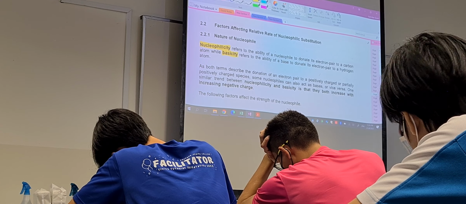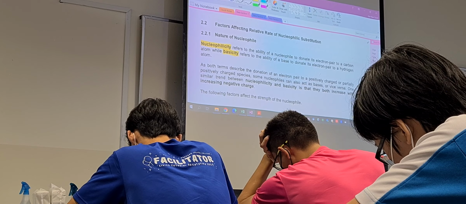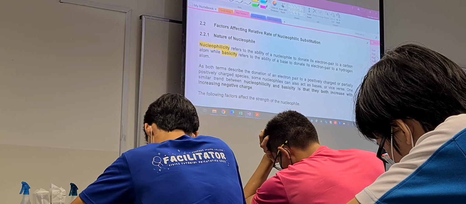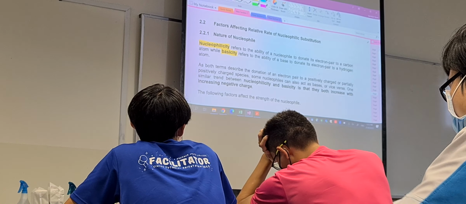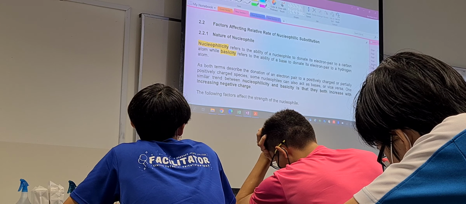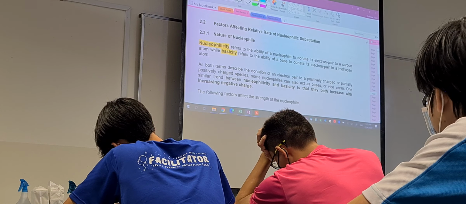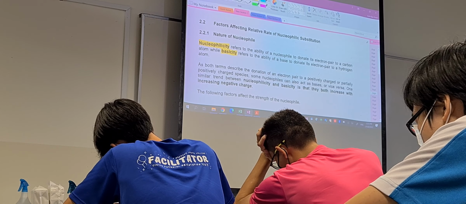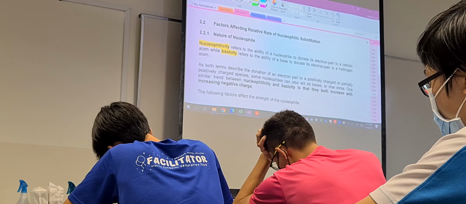Don't get me wrong. In fact, the definition was stated on the first page just now, if you have realized. The base I'm talking about here is a Lewis base. I'm not talking about Bronsted base. You have learned the three definitions of acids and bases last year: Arrhenius, Bronsted, Lewis.